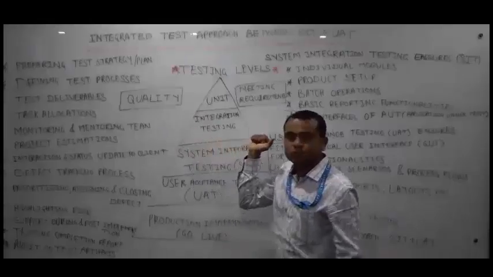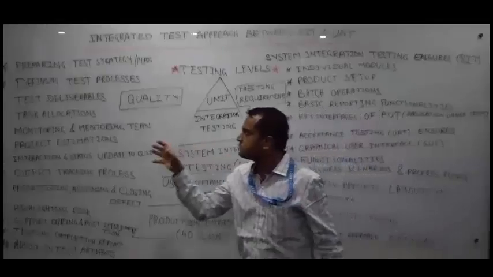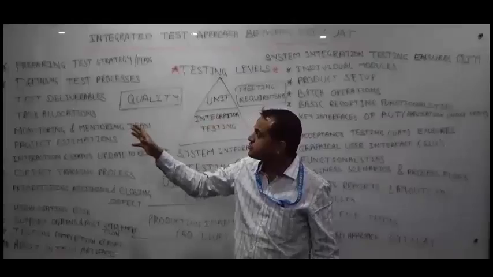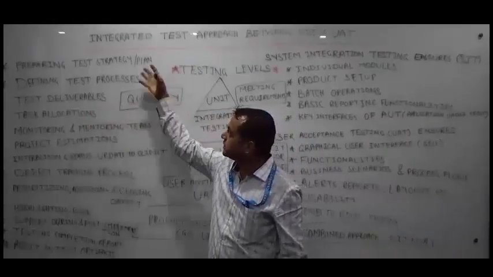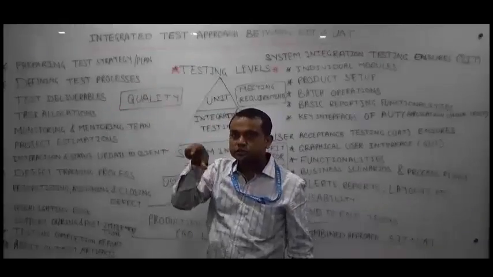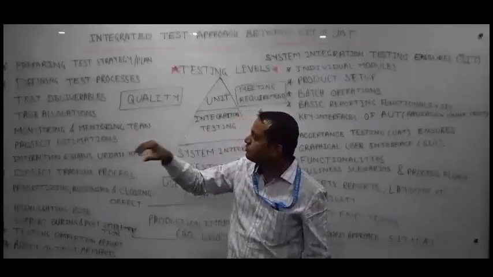For example, for system integration testing or user acceptance testing, I need to first prepare the test strategy document. Then I need to define the test processes, and the deliverables that I need to mention in the test strategy as well as in the test plan. Then task allocations: how I will allocate tasks to the resources I have.